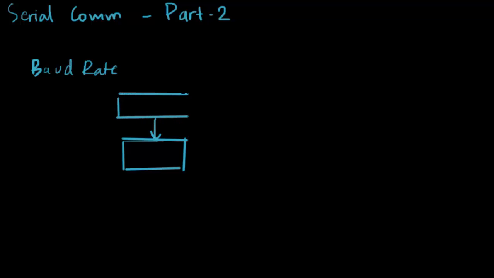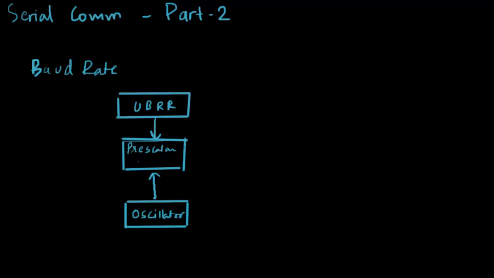This register is called the UBRR. You have seen this register before when we were discussing it in the last video. So this is basically a prescaler or a down counter. And the input source for the frequency is the oscillator.